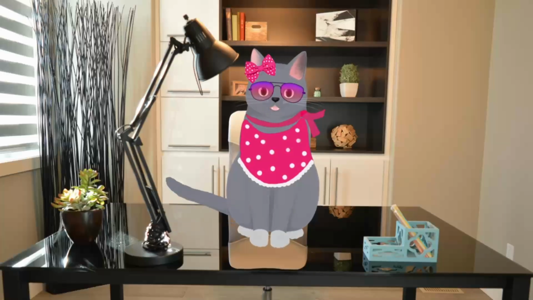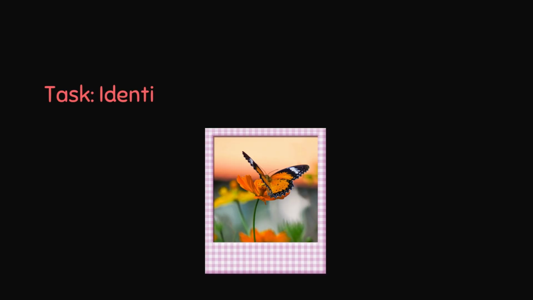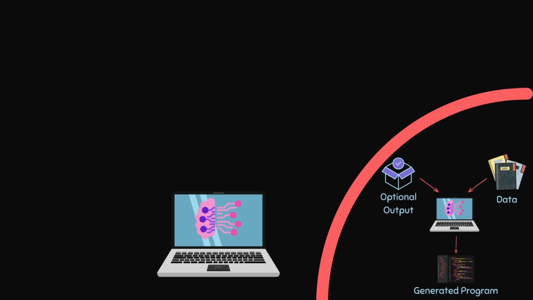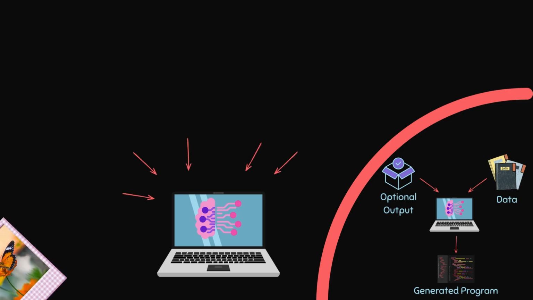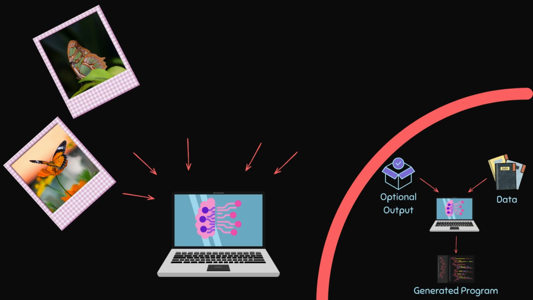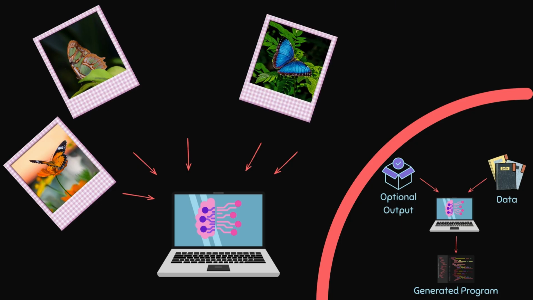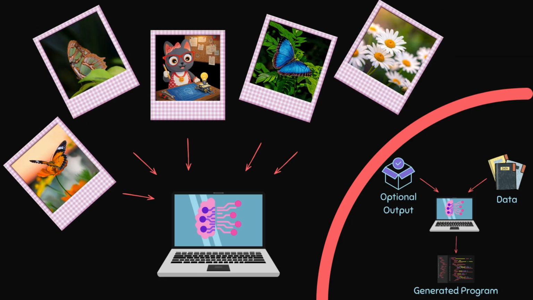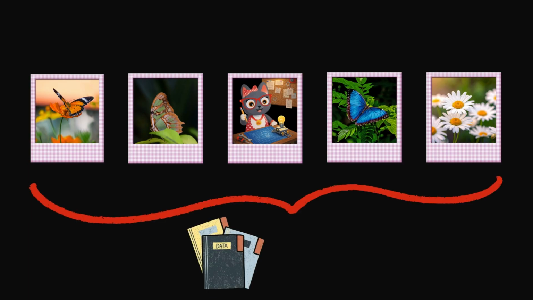So here's a concrete example of how machine learning works. Let's say we were given the following task: identify if an image contains a butterfly. What we would essentially do is feed hundreds of images to the computer, both positive examples, that is, images of butterflies, and negative examples, images of something other than butterflies, maybe of other animals, flowers, etc. This is our data.